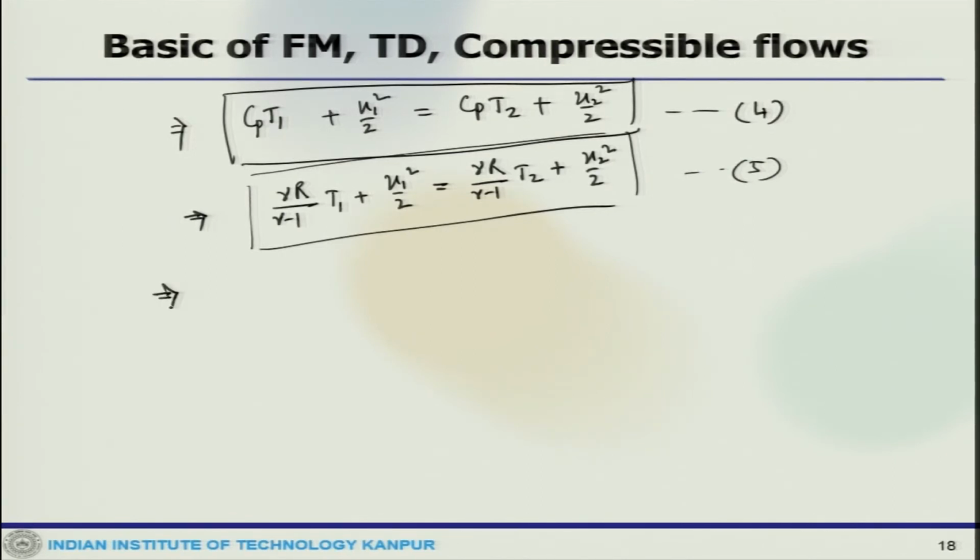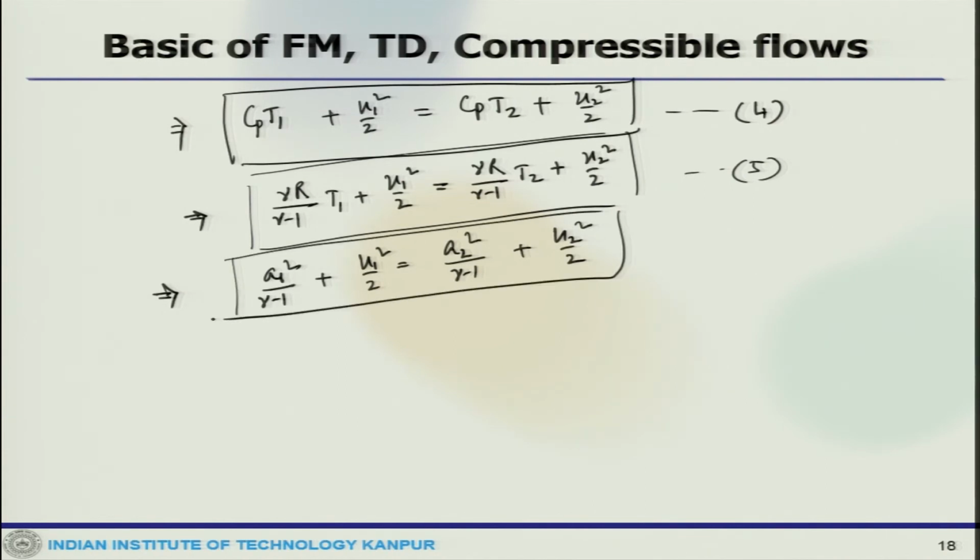So, this one is a1 square by gamma minus 1 plus u1 square by 2, which will become a2 square by gamma minus 1 plus u2 square by 2. So, that is an alternative way one can write this energy equation.